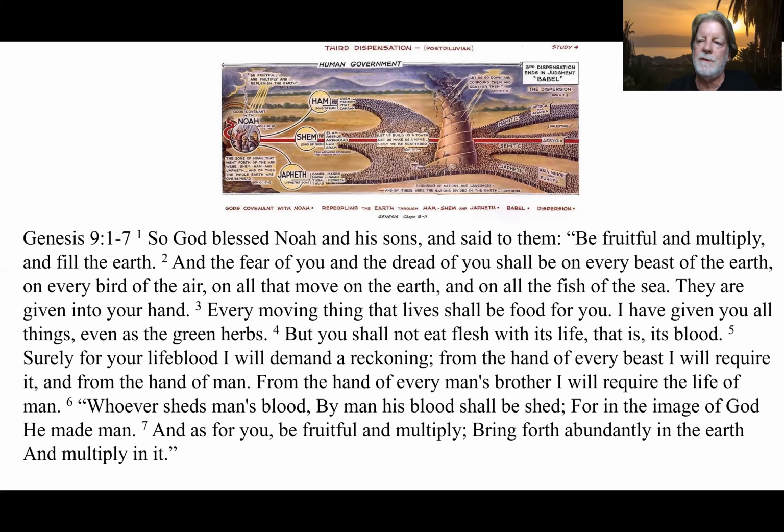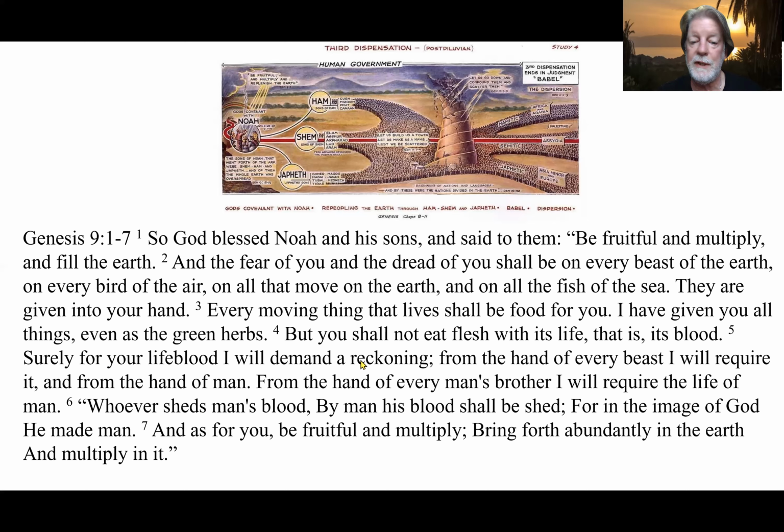So God is the ultimate judge. He is the ultimate ruler. And any human government is by God's permission and by the authority that he grants for it. So it should make leaders humble. And unfortunately, most politicians today are anything but humble. So God demands a reckoning for the lifeblood of a human being.